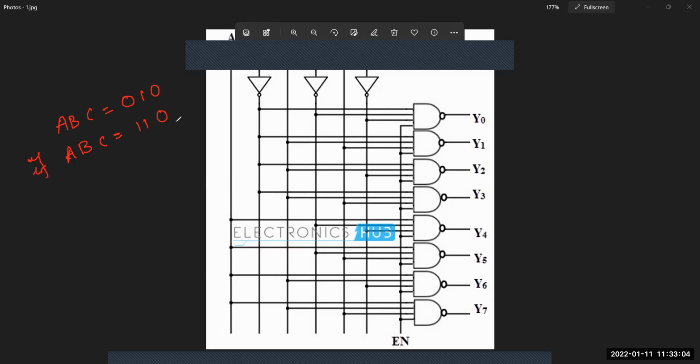From this, you can easily understand that ABC equals 4 plus 2, so 6. So y6 in that case is high.